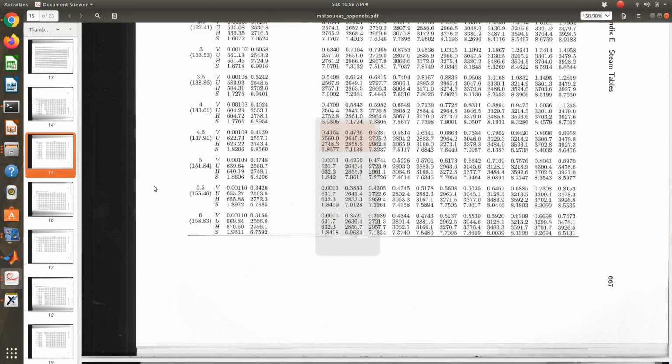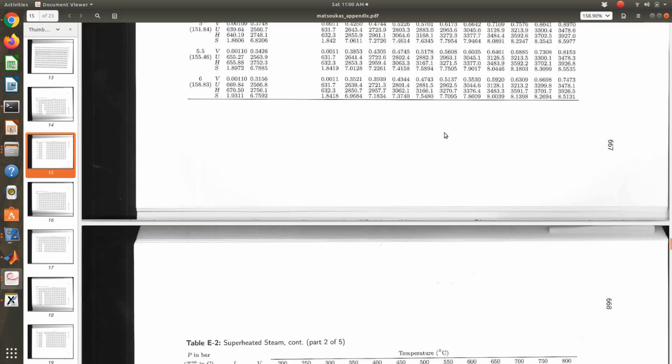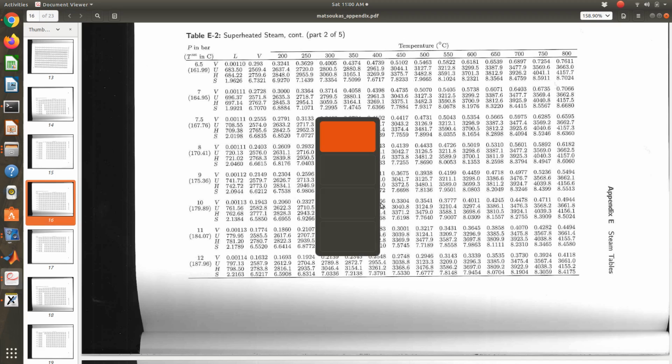All right, so let's collect data. So what does this look like? We're at 400 degrees C, and I said I'm going to start collecting data at 10 bar and work my way down. At 400 degrees C, at 10 bar, volume's 3066.